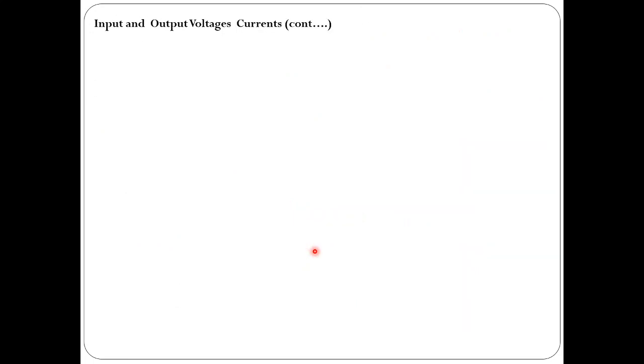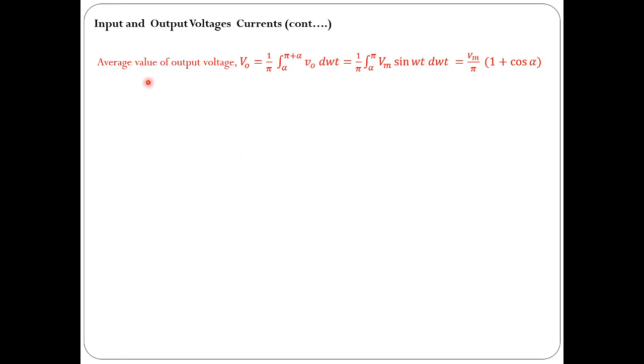Now, anyway, let us see the derivation of the average value of output voltage and output current, and the RMS value of output voltage and output current. So now consider the average value of output voltage. You know that you have to integrate V naught over the period and take its mean by dividing it by pi. While doing so, we know that the value of V naught is equal to Vm sin omega t from alpha to pi, and it is equal to 0 from pi to pi plus alpha.